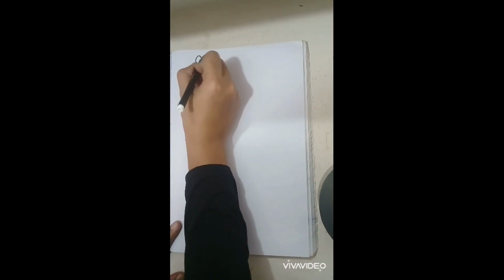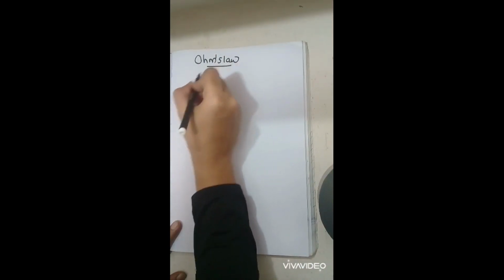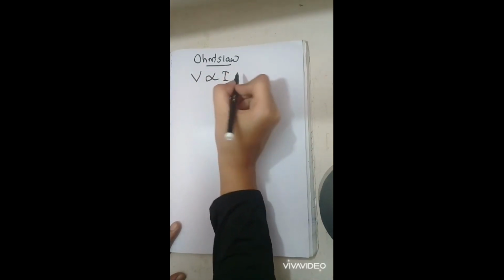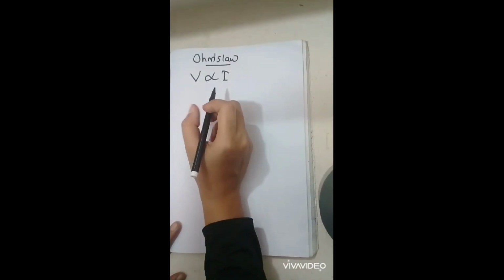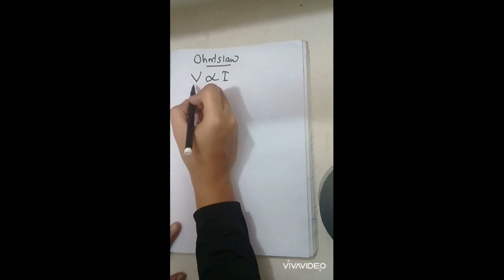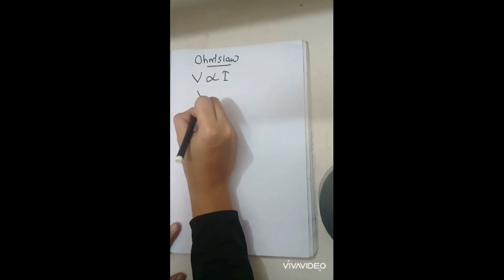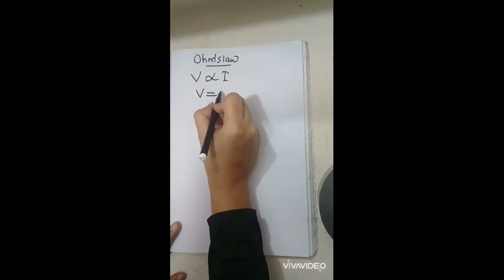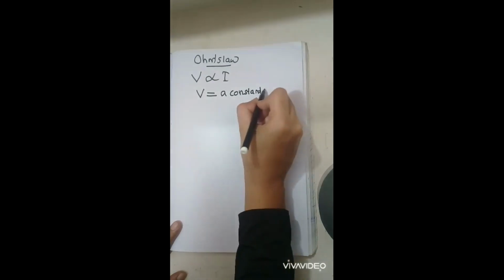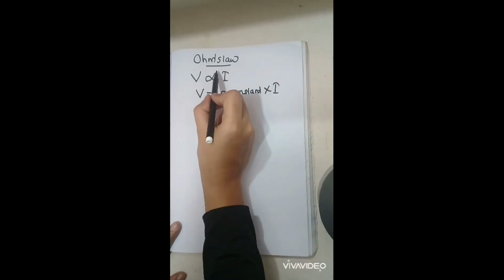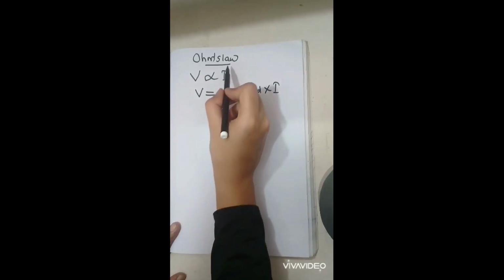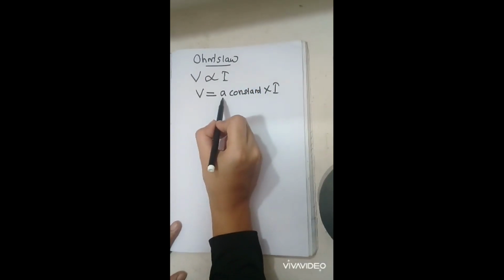According to Ohm's law, the potential V is directly proportional to current at a constant temperature. This is called Ohm's law. We can write it with an equal to sign, that is V equal to a constant into I. That is, in order to change the proportionality into an equal to sign, we have to multiply this quantity with a constant.